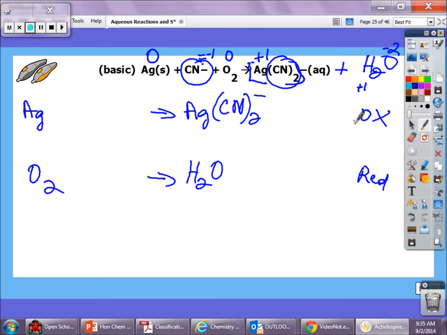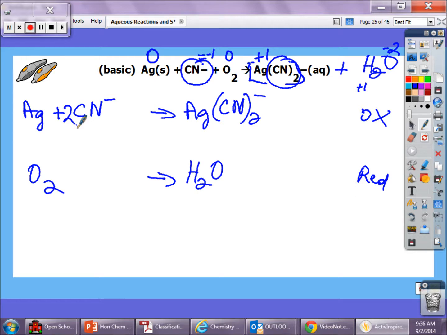So let's balance the non-hydrogen, non-oxygen. This is 1 silver here, 1 silver here. Let me put a CN. CN is just sitting there, but don't worry about it because I just have it there. It's not changing the oxidation number. So there is 1 CN minus here, and there are 2 CN on the other side. So I have to put a 2 here then. And let's go with the oxygen. There is no oxygen on the first half.